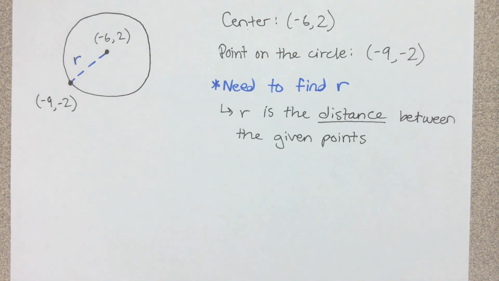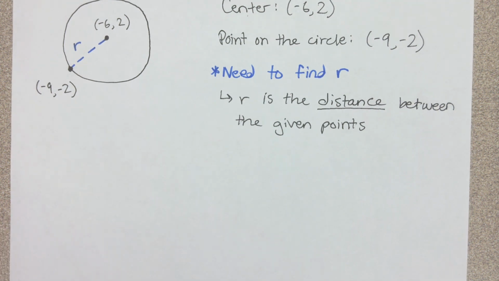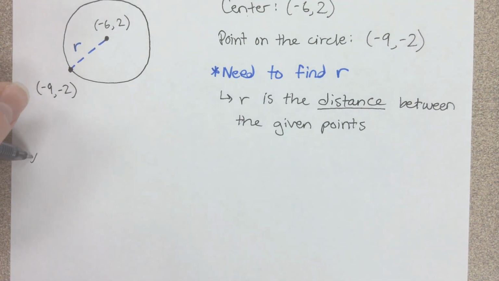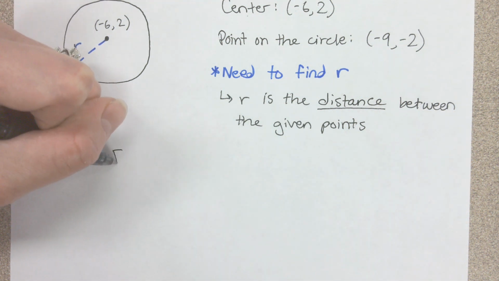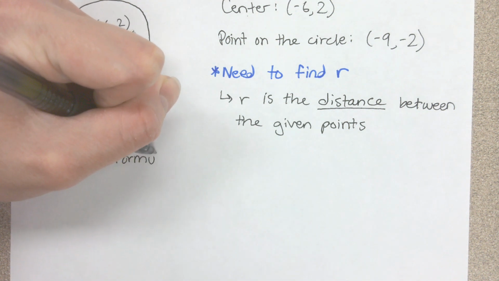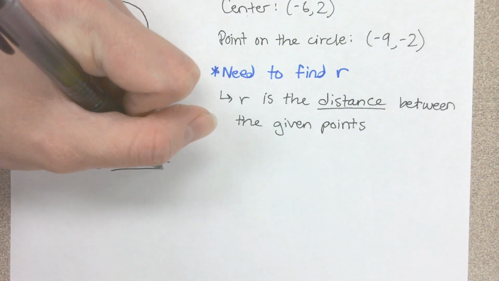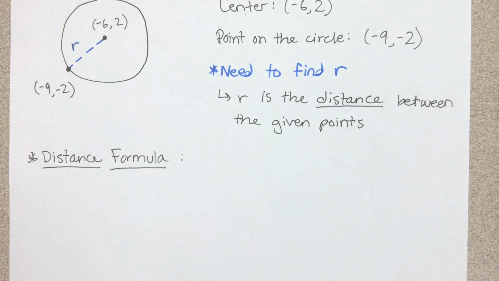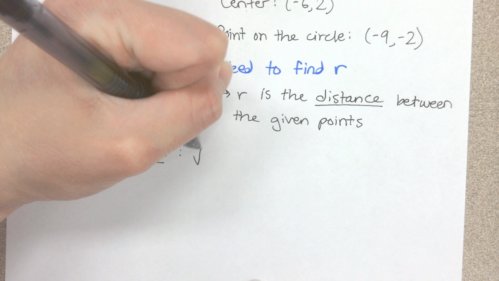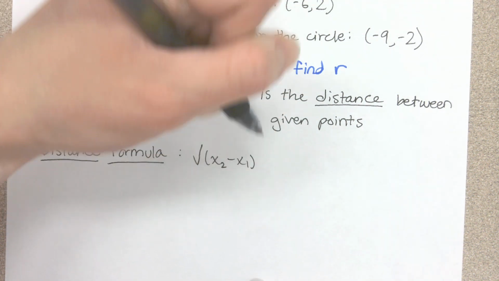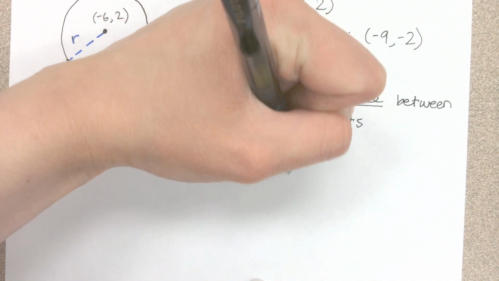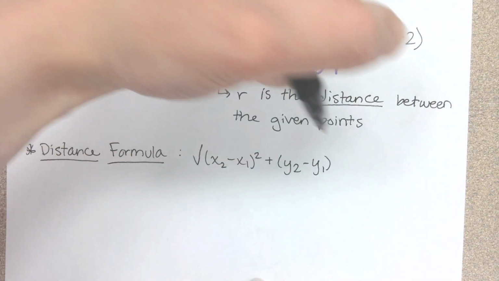This is going to bring back a very old geometry concept, the distance formula. It can show you the distance between any two given points. The distance formula: square root of x2 minus x1 squared plus y2 minus y1 squared.